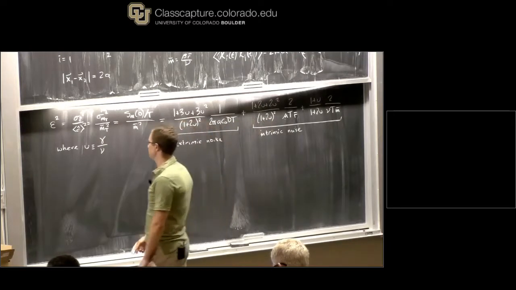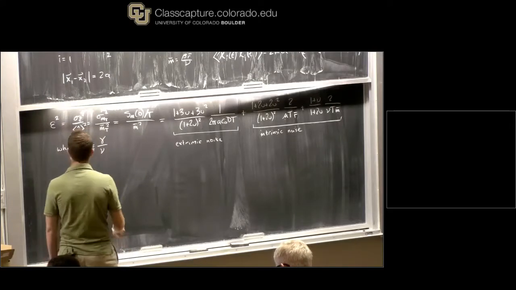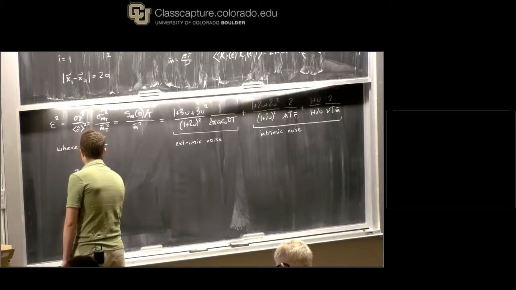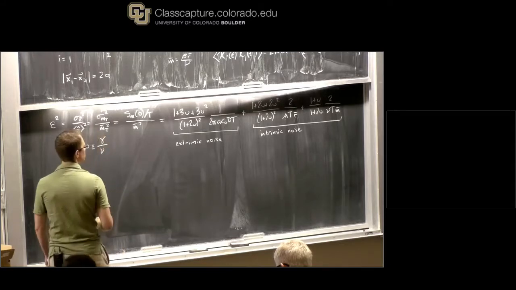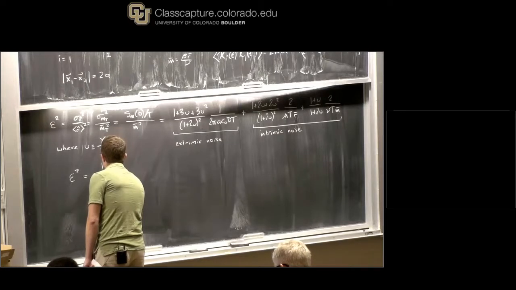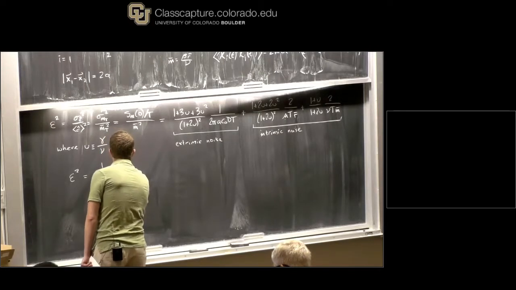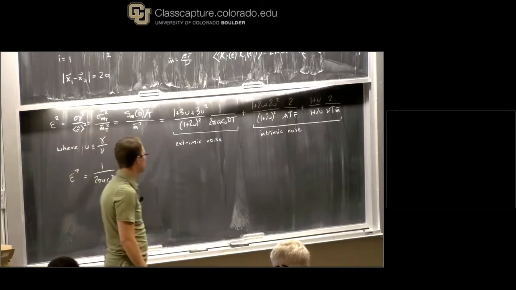So let's think about some limiting cases, right? So this expression, just the extrinsic noise, looks like 1 over 2 pi a c naught dt times a factor that's dependent on u. But let's think about limits.